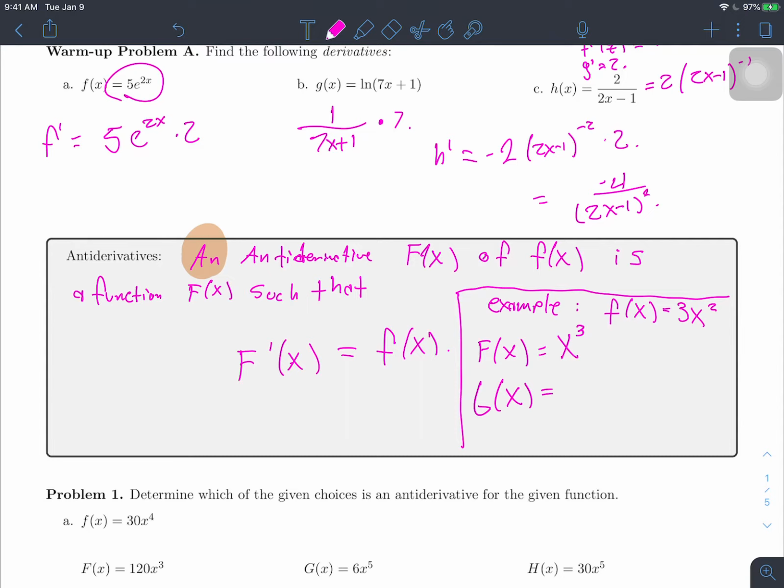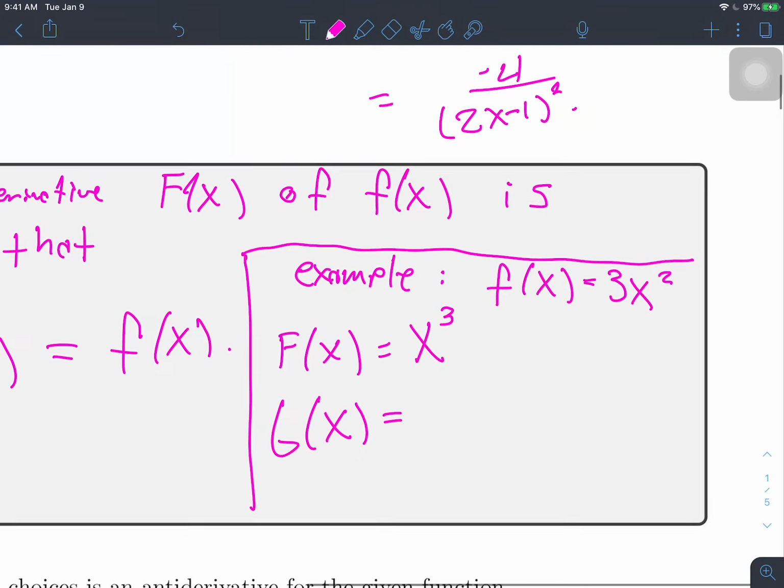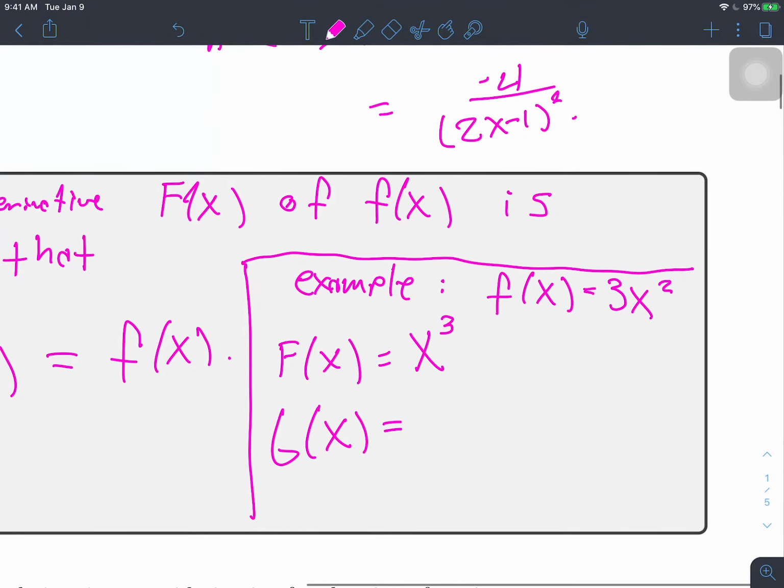Anyone have any ideas? What if I wrote that f of x was the function 3x squared plus 0? 3x squared plus 0. So I did the derivative, and I got 3x squared plus 0.